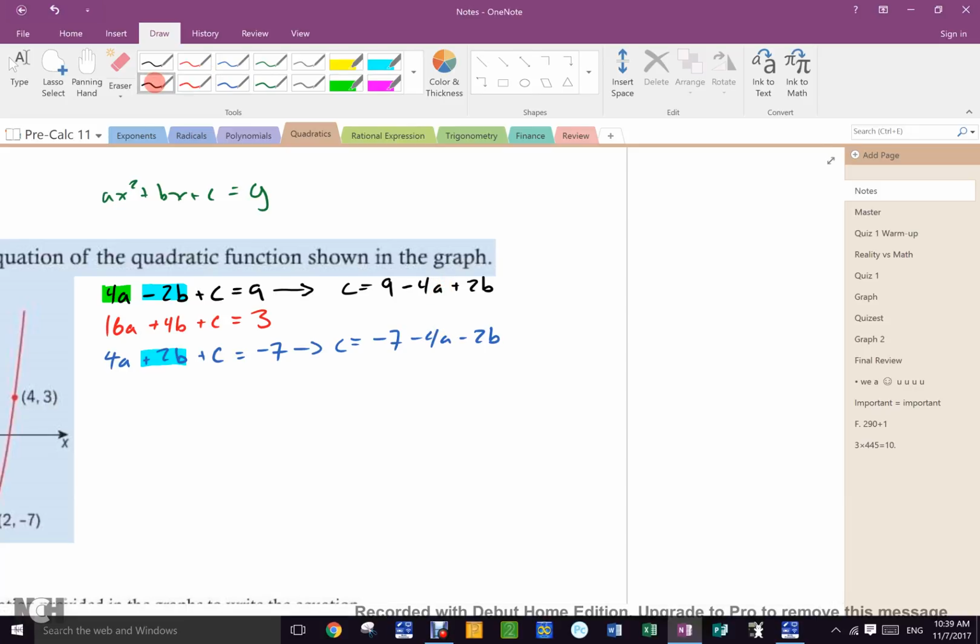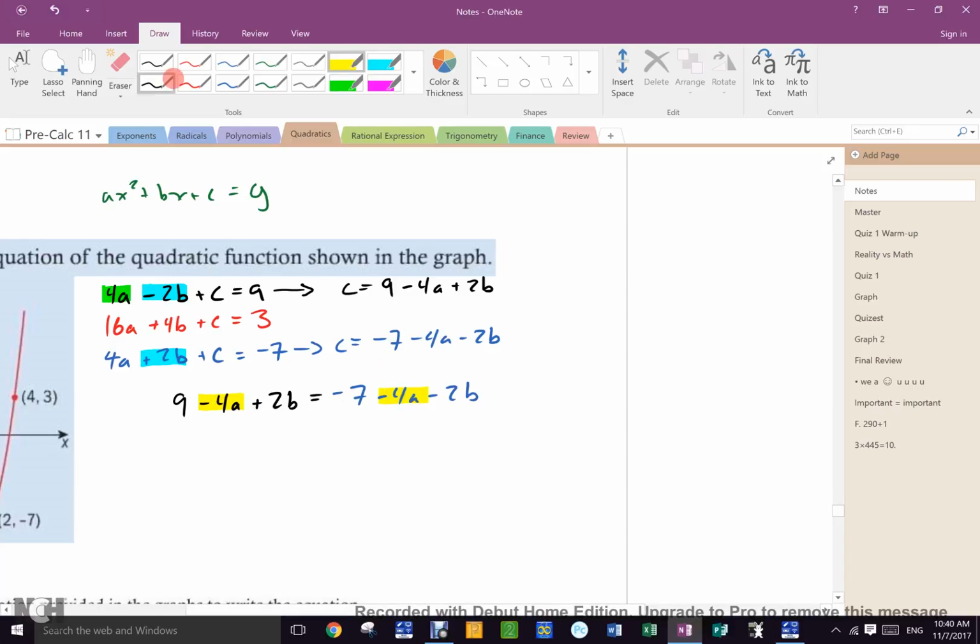So doesn't that mean that 9 minus 4a plus 2b has to equal negative 7 minus 4a minus 2b? Is everyone cool there? Okay. What do you know when you have the same thing on both sides of an equation? They cancel out, right?